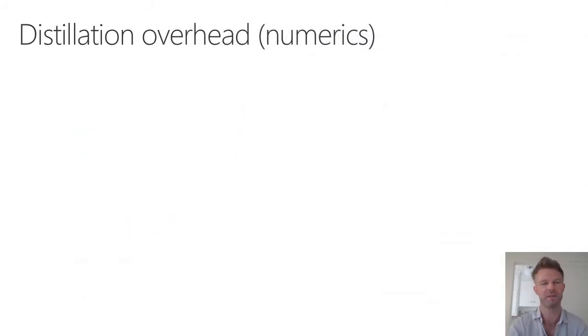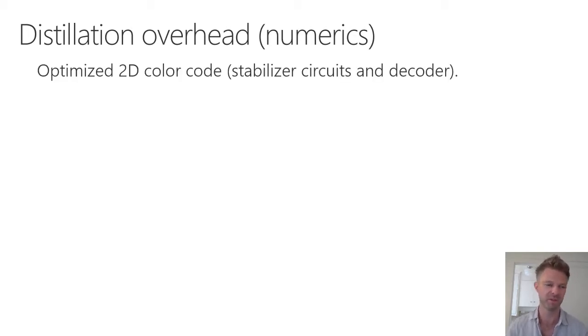And in this project, our goal was to, of course, assess this cost, the cost to produce a T state for a particular target output infidelity. And to do this, we had to do a number of things. First of all, since we're dealing with color codes rather than surface codes, a lot less is known and understood about how the color codes work.